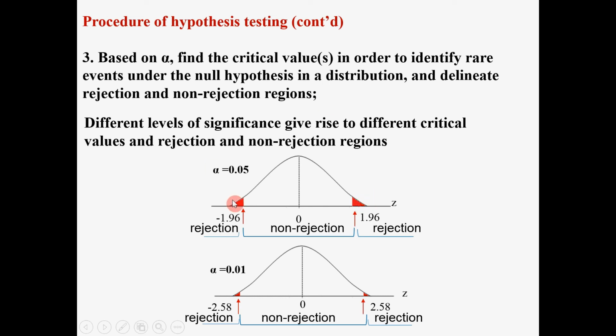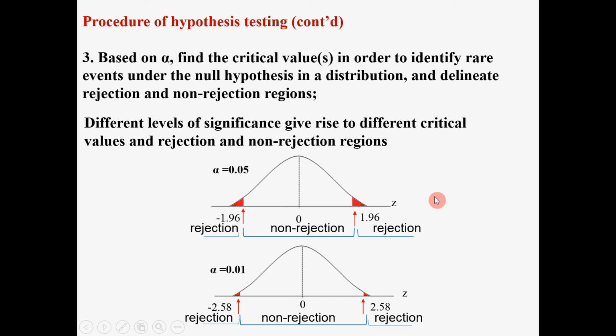Okay. So if any sample mean turns out to fall in the rejection region, in those two corners, then we know that it would be regarded as a rare event for the given null hypothesis, so we would have to reject the null hypothesis. And that's why the region at the corner is called the rejection region.